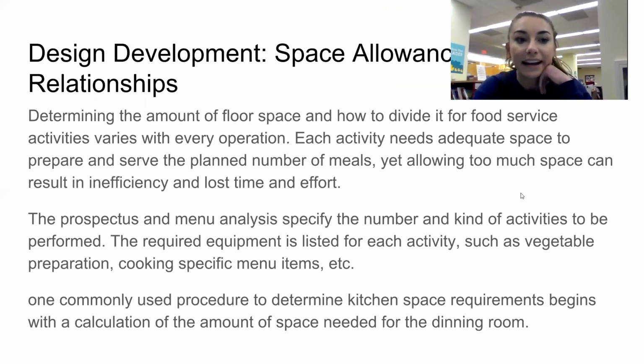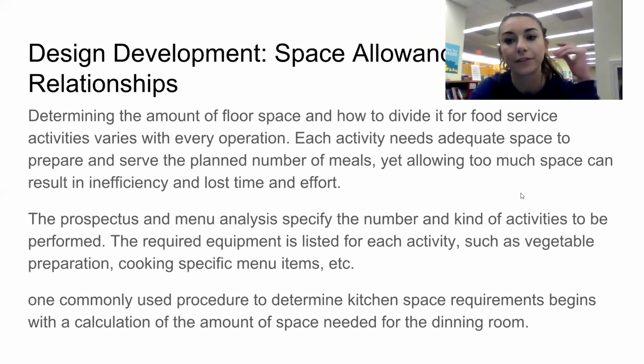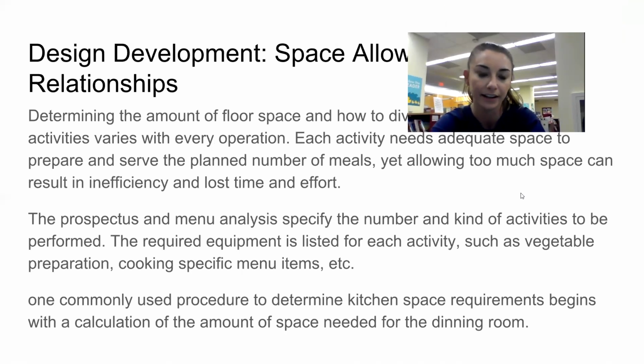Space allowances and relationships: they determine the amount of floor space and how to divide it for food service activities, which varies with each operation. Each activity needs adequate space to prepare and serve the planned number of meals, yet allowing too much space can result in inefficiency and lost time and effort.